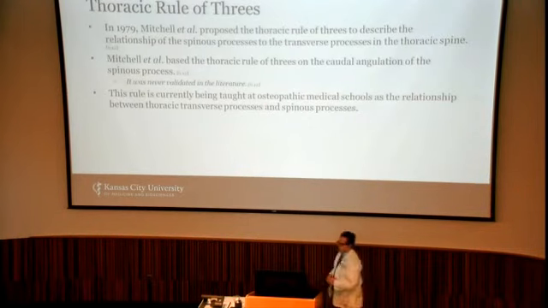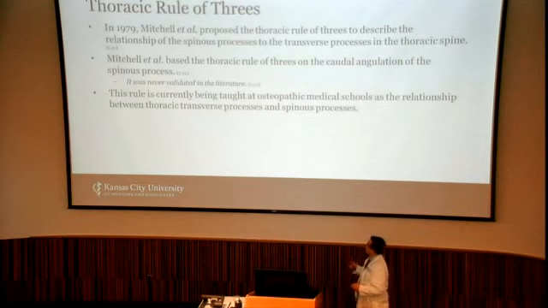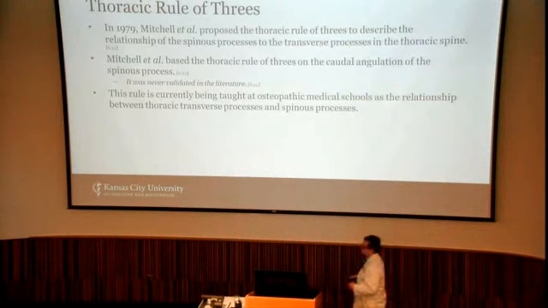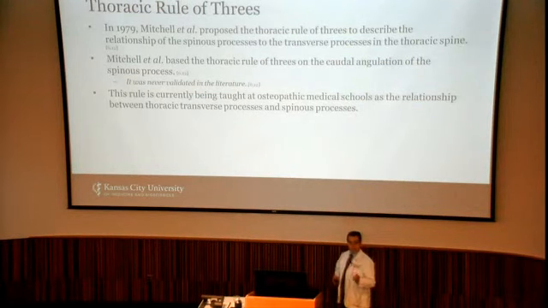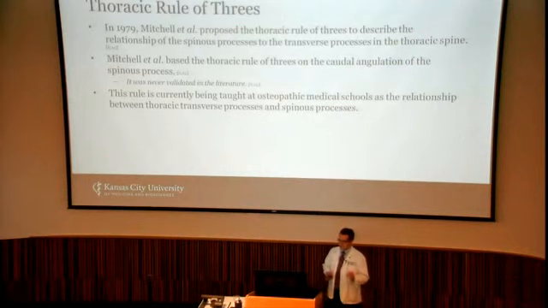Before I get too far into my topic, I'd like to explain what the thoracic rule of threes is, because not all of you are osteopathic students or physicians. The thoracic rule of threes was proposed in 1979 by Mitchell et al. to describe the relationship of the spinous processes to the transverse processes in the thoracic spine.